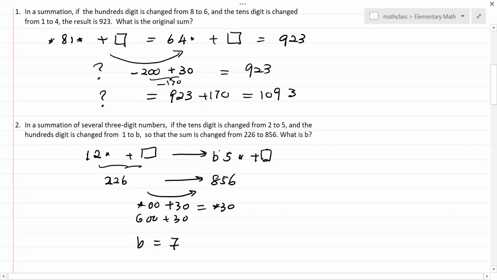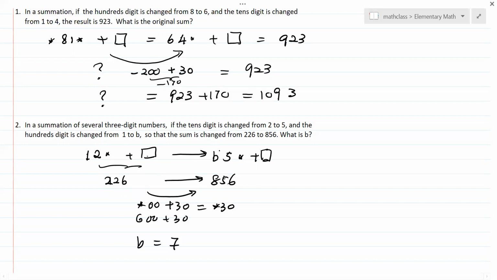So B should be equal to 7. Only when you change from 1 to 7 do you increase 600. That's the increased part, 600. Then when you change 2 to 5, it's increased by 30. So together it increased 630. If you add it to 226, you will get 856. This is kind of an inverse problem, so you have to draw the picture in order to understand it.